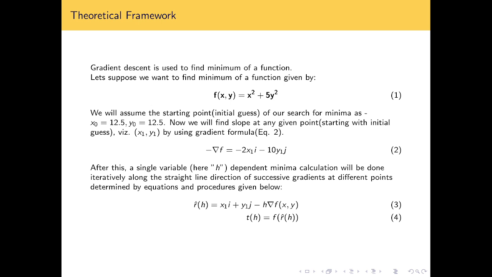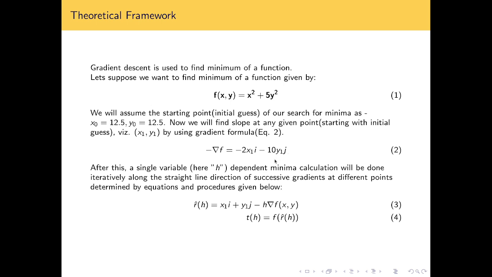So, we'll start with an initial point that is 12.5 and 12.5, x naught and y naught, and then we'll find a slope of this function at any given point, and then we'll go find the gradient there, which is given by this formula in equation 2.